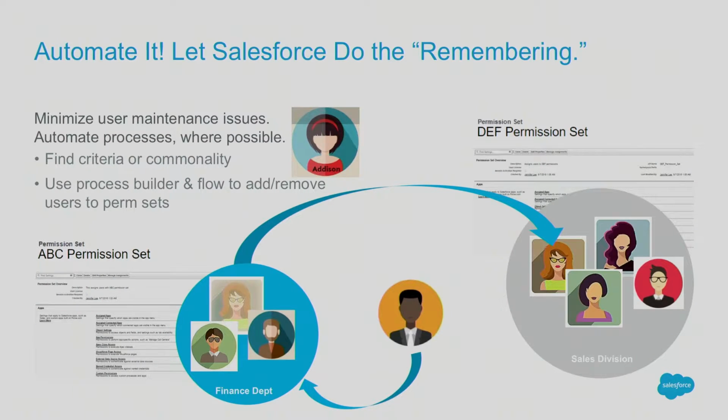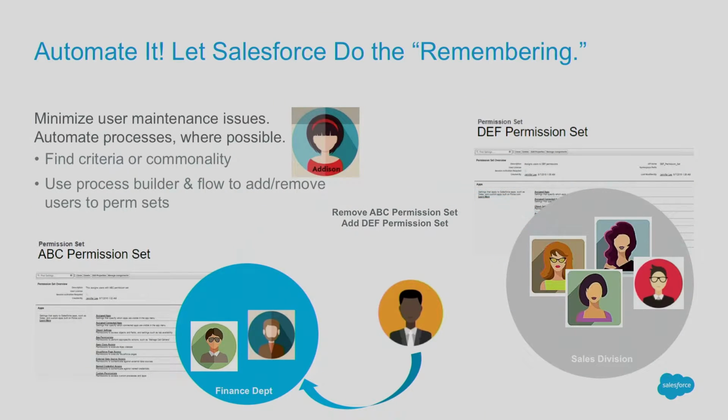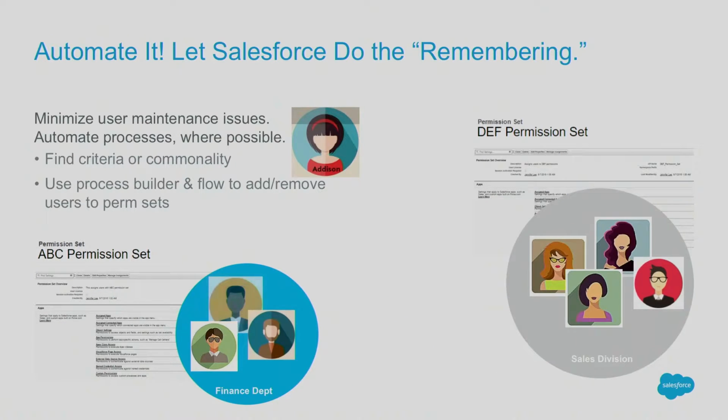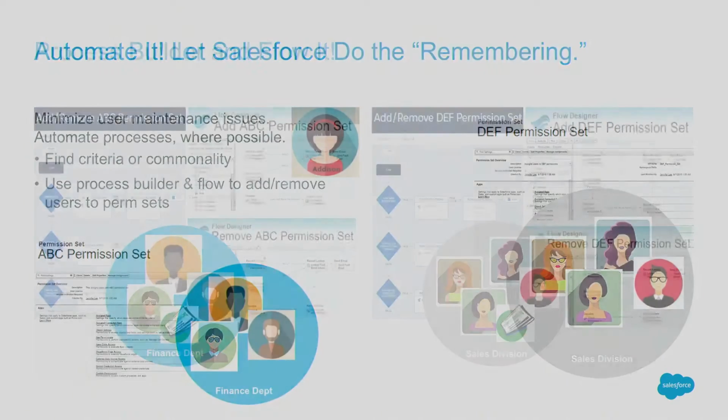And for the DEF permission set, we have the division equals sales. So as Susan moves from the finance department over to the sales department, we're automatically removing the ABC permission set and adding the DEF permission set. And as Justice joins the finance department, we're automatically adding the ABC permission set.